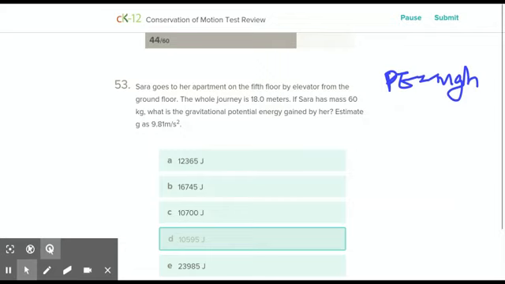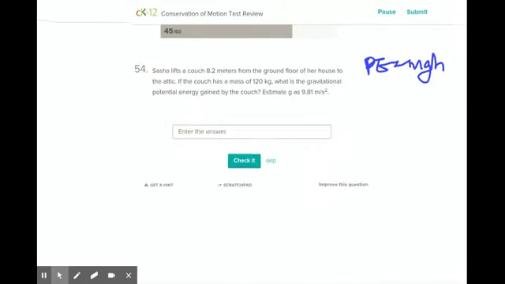Check it. Very good. Sasha, haven't seen Sasha for the longest time. Sasha lifts a couch 8.2 meter from the ground, and the couch is 120, and the gravity, multiply them up. Okay.